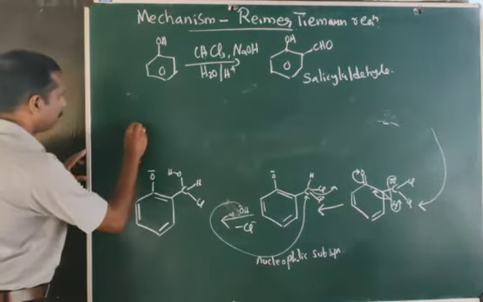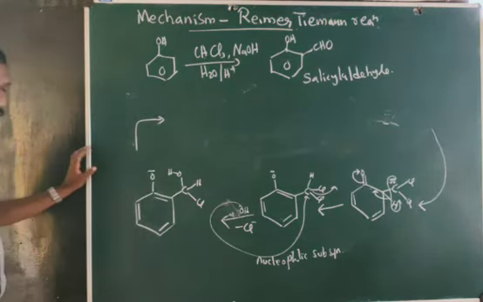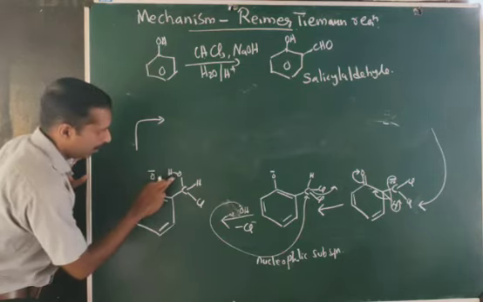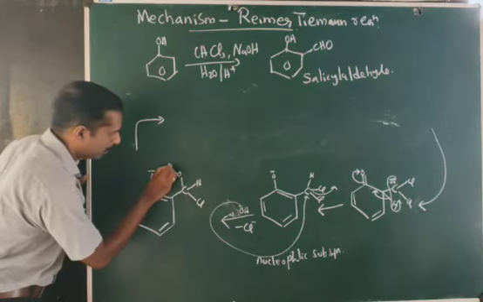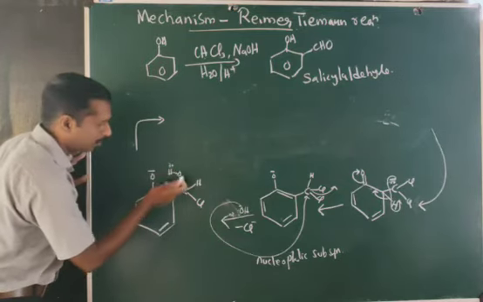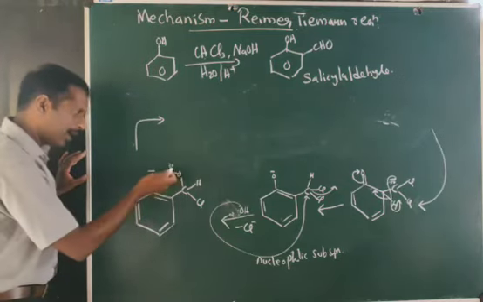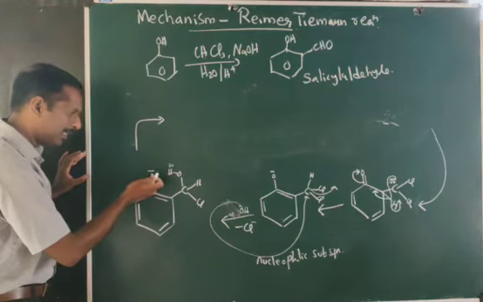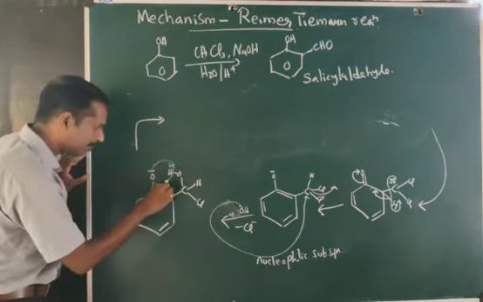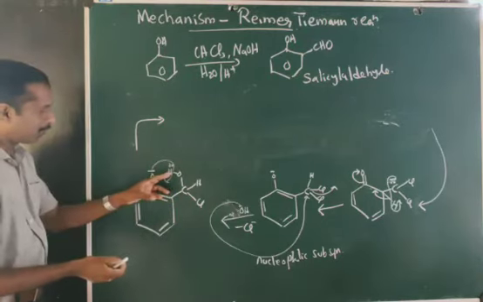In the next step, look here, you can see that this O minus, and you have an OH group on this one. That means this hydrogen is delta positive, and of course oxygen is delta negative. This negatively charged oxygen will abstract this hydrogen, will take hydrogen from this oxygen atom.